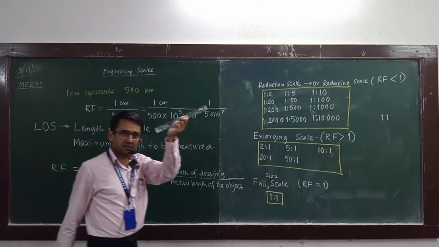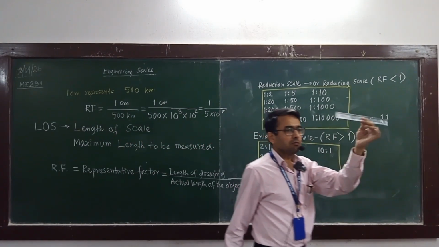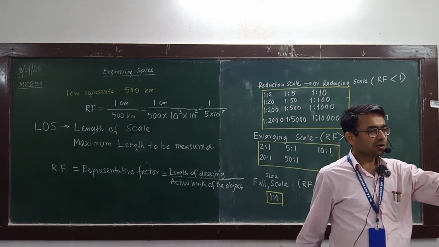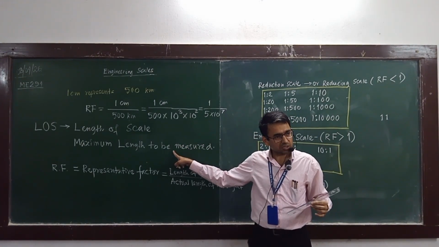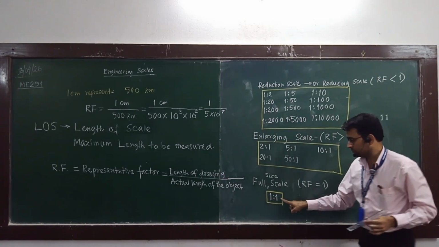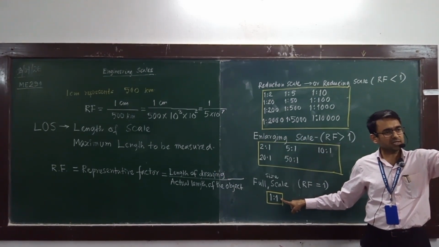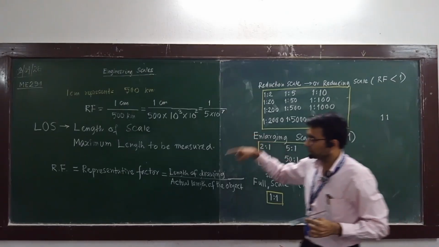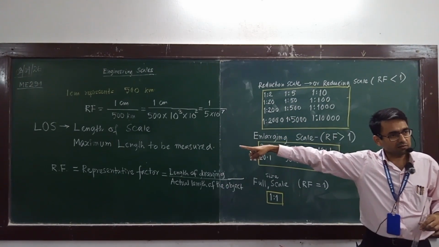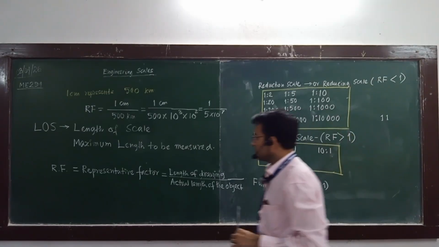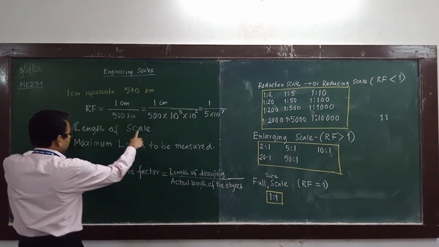For this case, both are the same, because this is the full size scale 1:1. But when you have reducing or enlarging scales, they will differ. Is it clear? So therefore, their ratio.